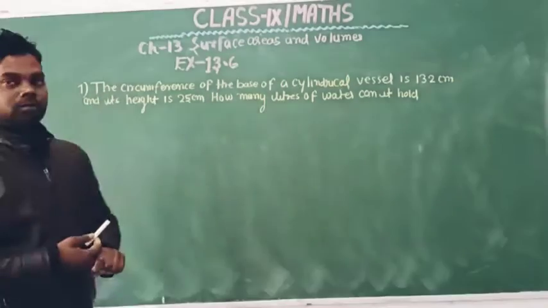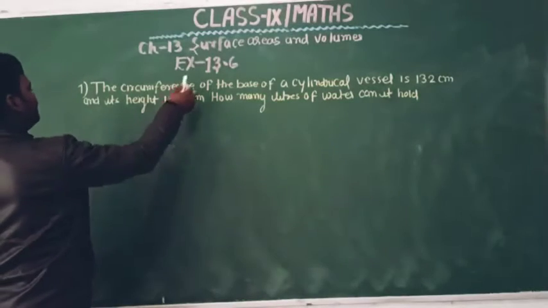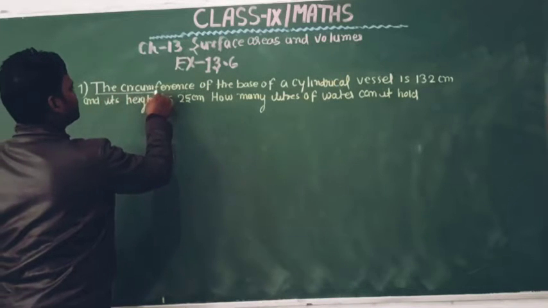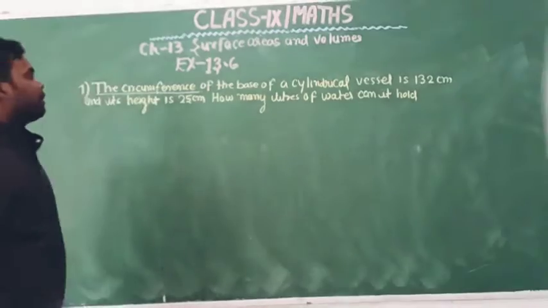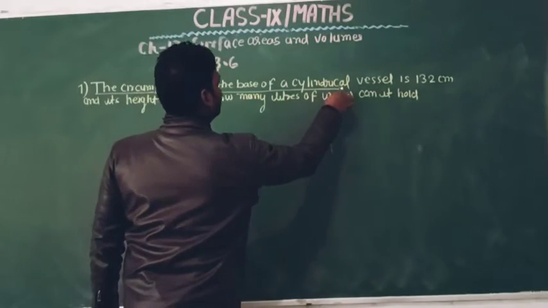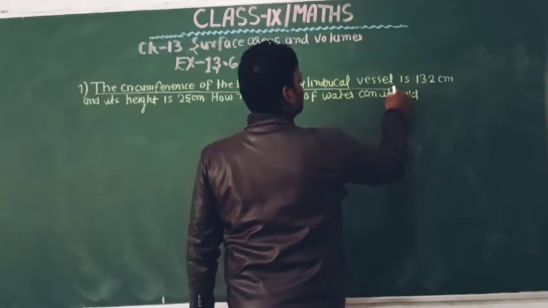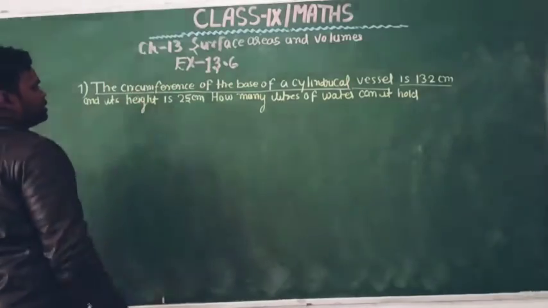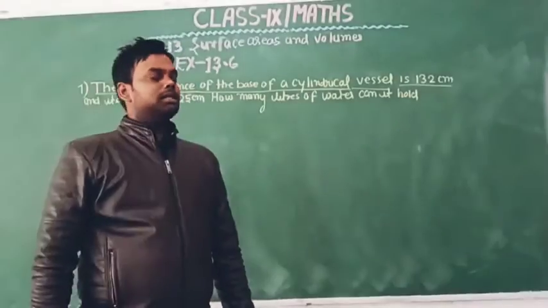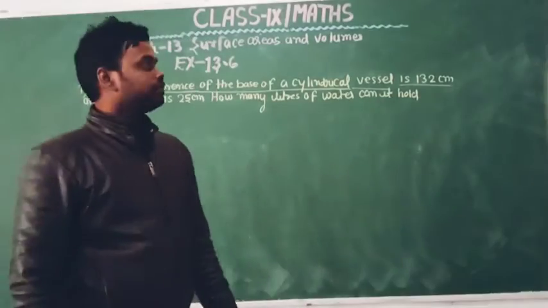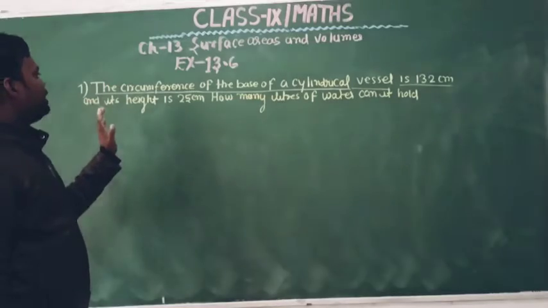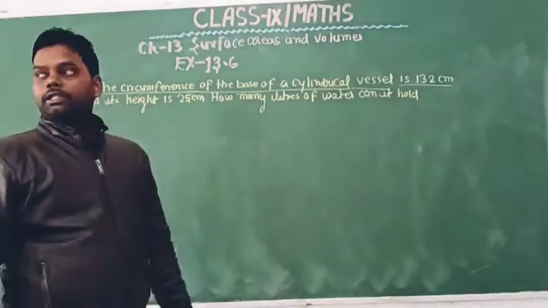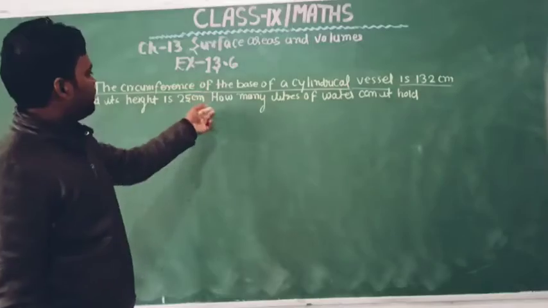From question number 1. In question number 1, it has been said that the circumference of the base of a cylindrical vessel is 132 centimeter, and its height is 25 centimeter.